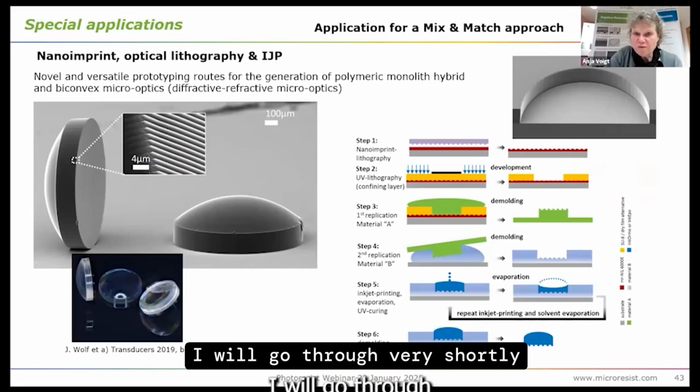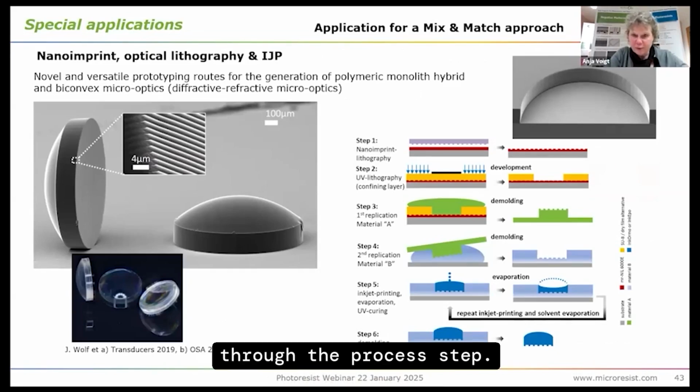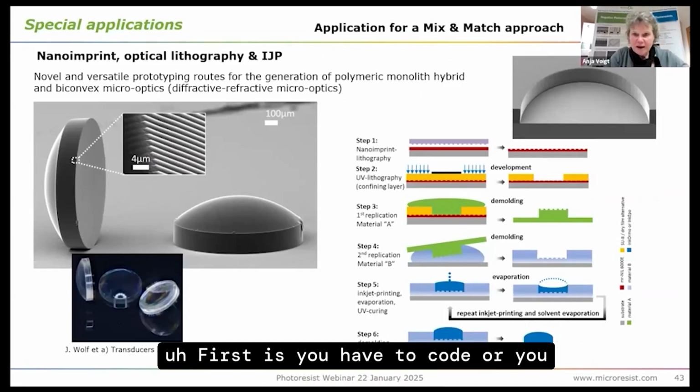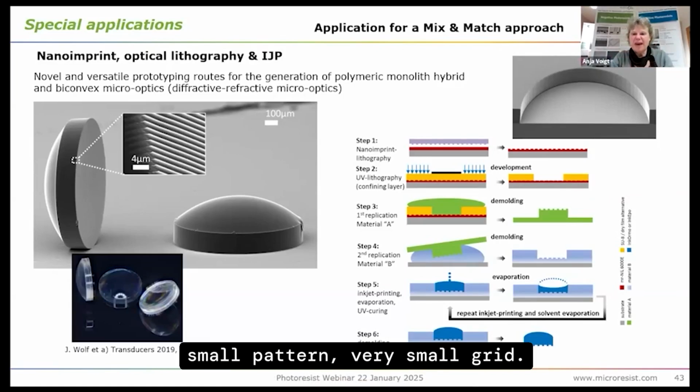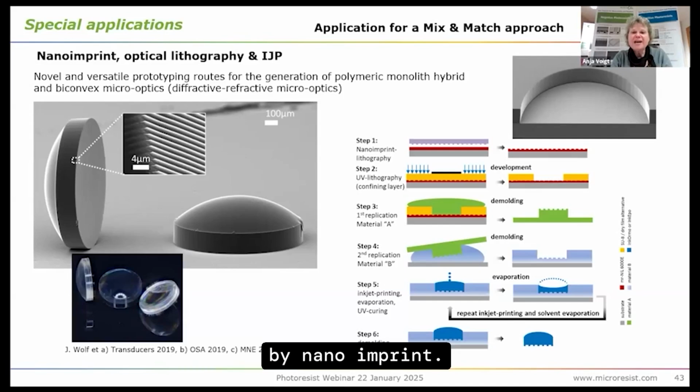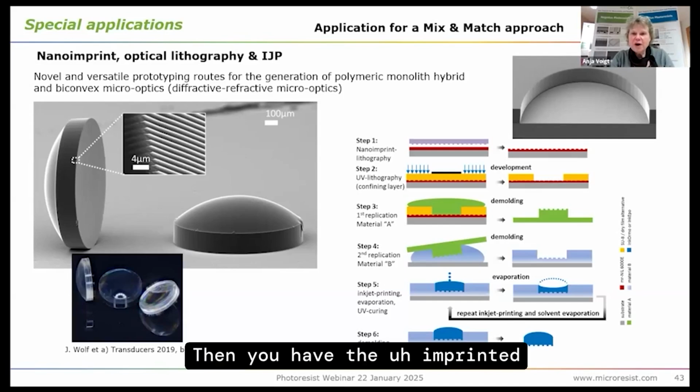I will go very shortly through the process steps. First, you coat a layer, then you generate a small pattern, a very small grid, by nano imprint. Then you have the imprinted pattern.